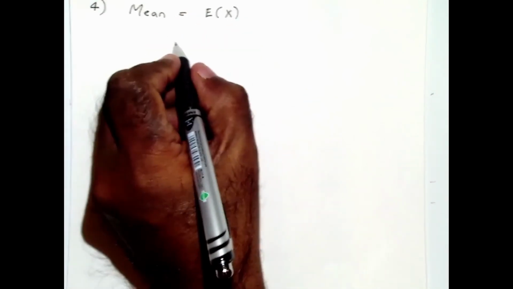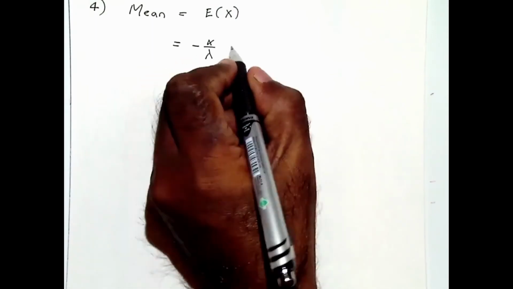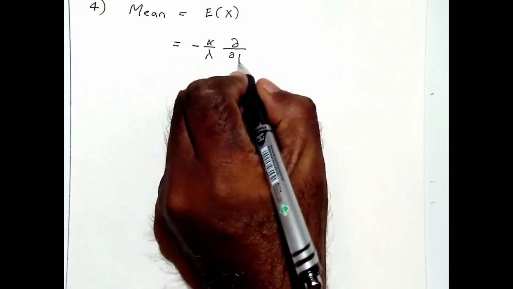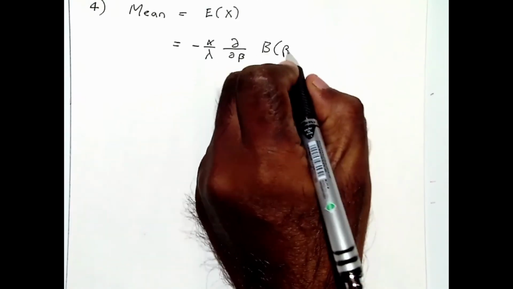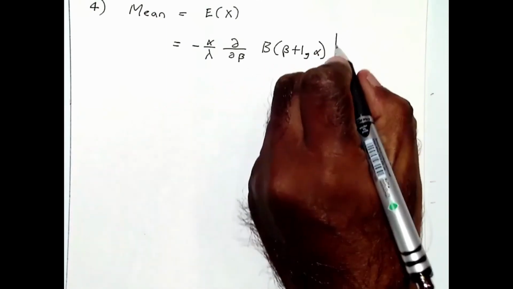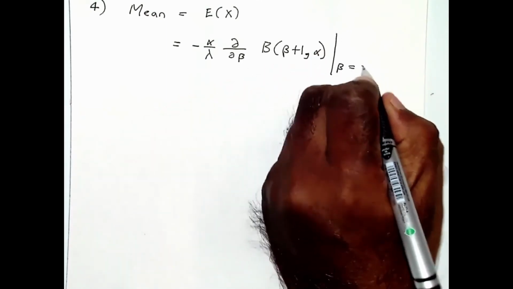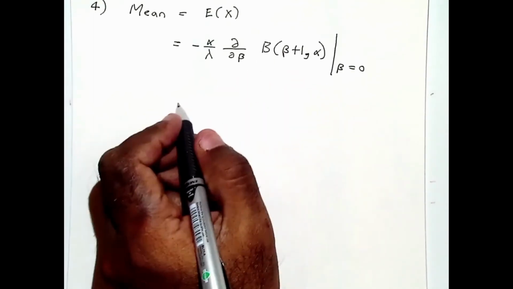So if you do that, you get minus alpha by lambda times the derivative with respect to beta of the beta function at beta equal to 0, little beta, and not to be confused with capital B.